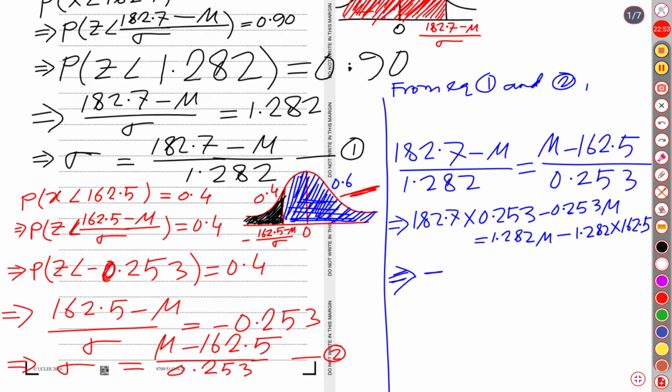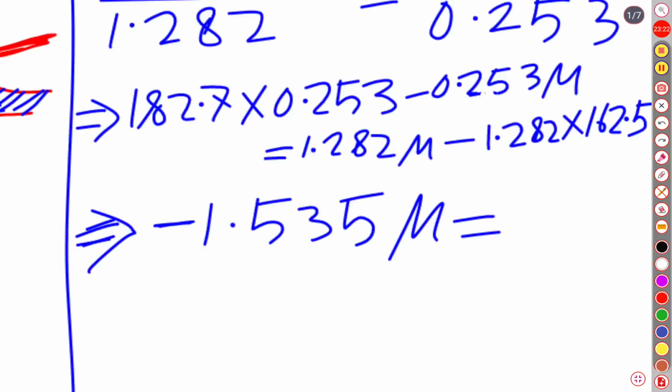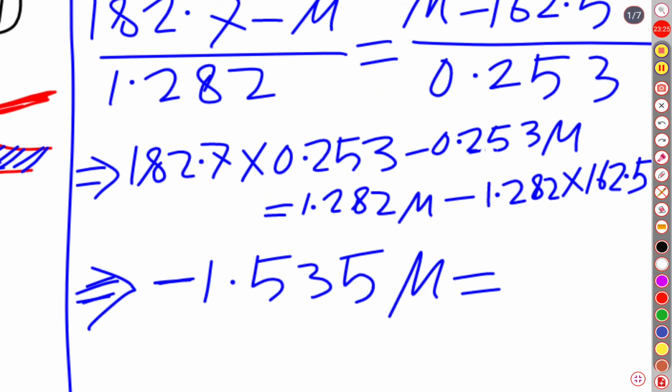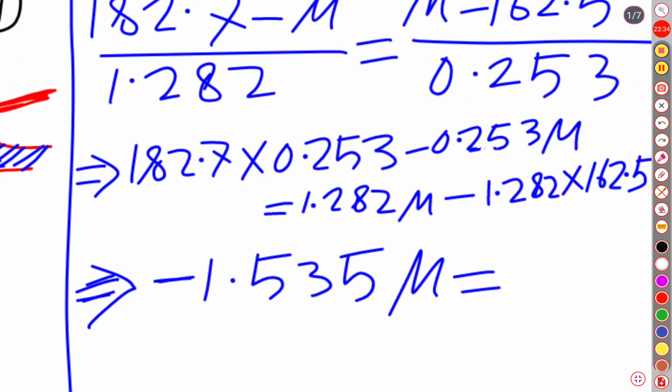Adding 0.253 and 1.282, it is going to be 1.535 mu is equal to, let me zoom out, 182.7 into 0.253.